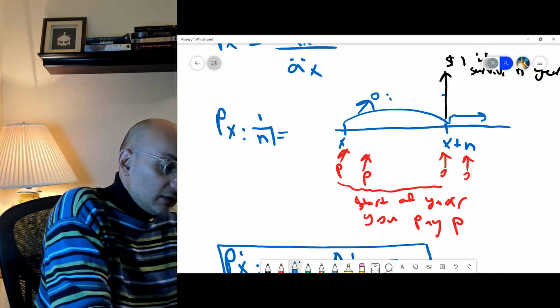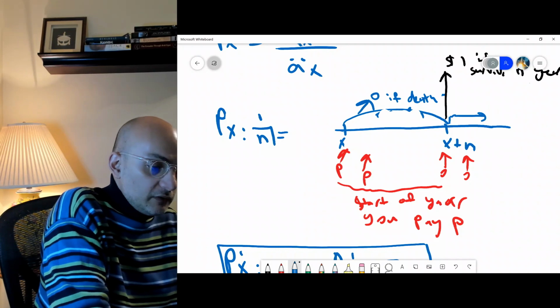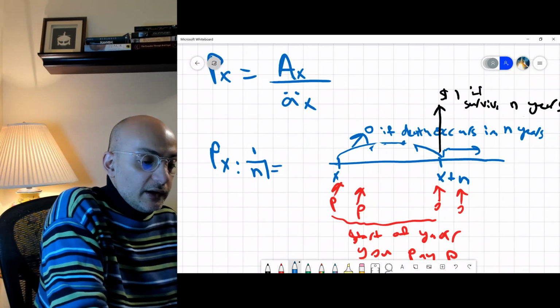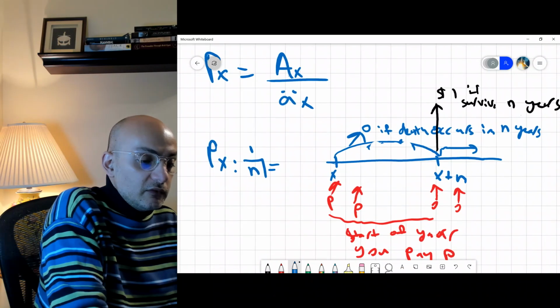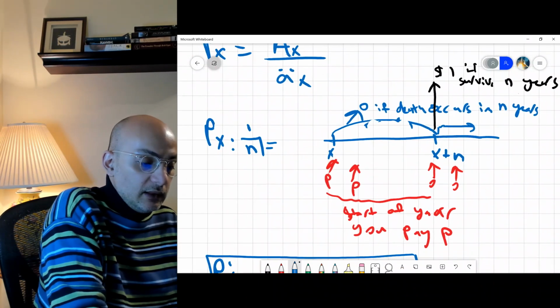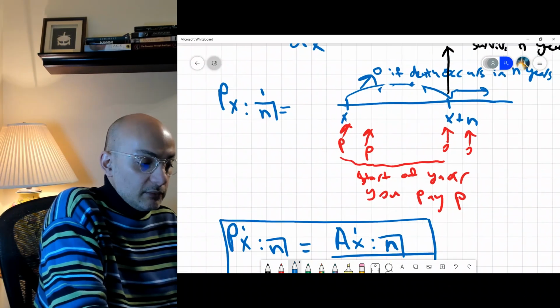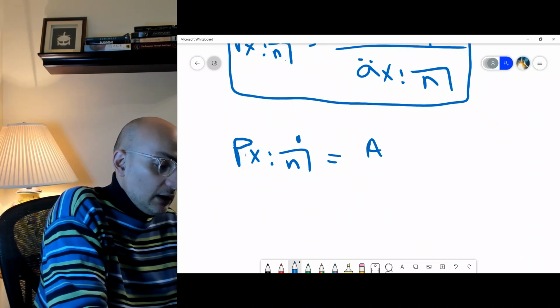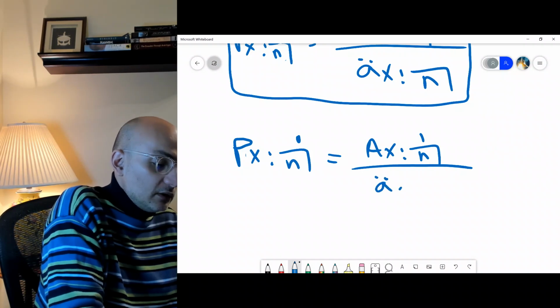You get 0 if death occurs within n years, but $1 if the individual survives to n years. The premium is the same. You need to pay level premium. So this one is also straightforward. All you need to do is take AXN divided by A double dot.